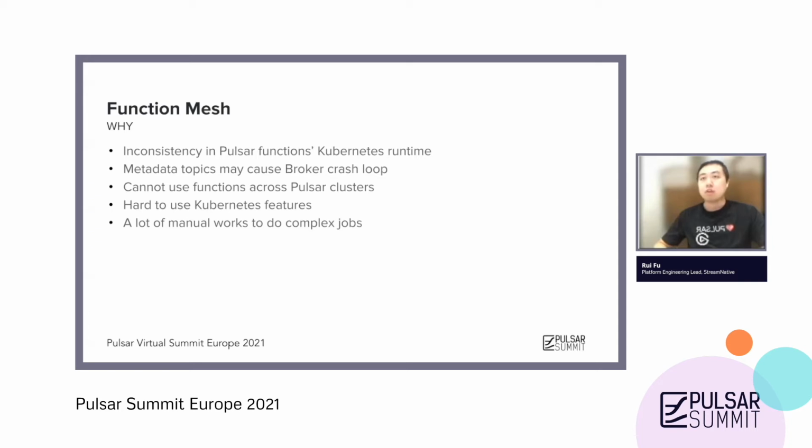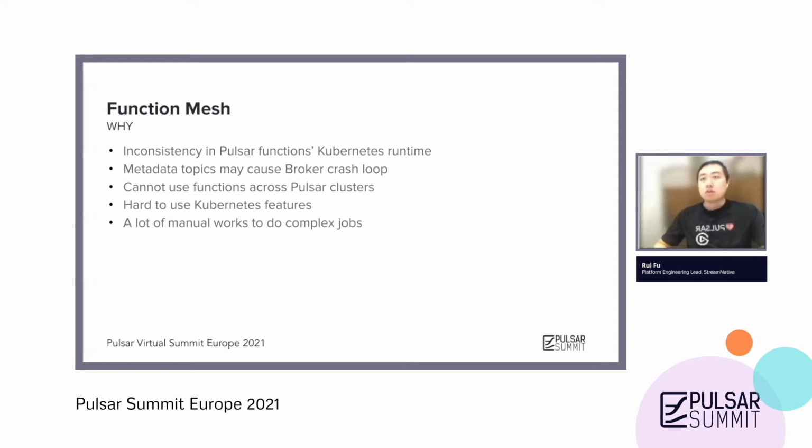This may cause an inconsistency problem between metadata and running state. For example, the StatefulSet running a Pulsar function can be deleted through the Kubernetes API, and Pulsar is not notified. Also, the existing implementation of storing function metadata may cause broker crash loops if the function metadata topic is temporarily unavailable.